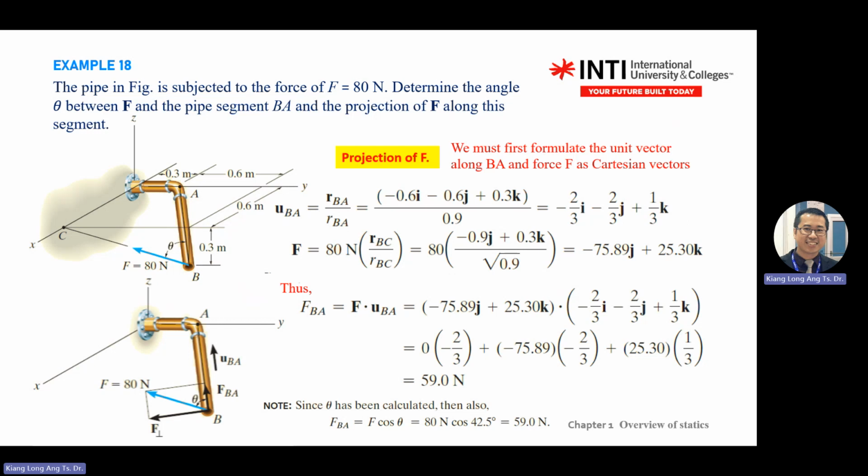Yeah. So just to summarize this one, don't confuse the steps. If you are randomly given one force, let's say 1000 Newton, he asks you to flip to another direction, let's say theta. He asks you about the projection of this one. Let's say this is a member, a rod or something.